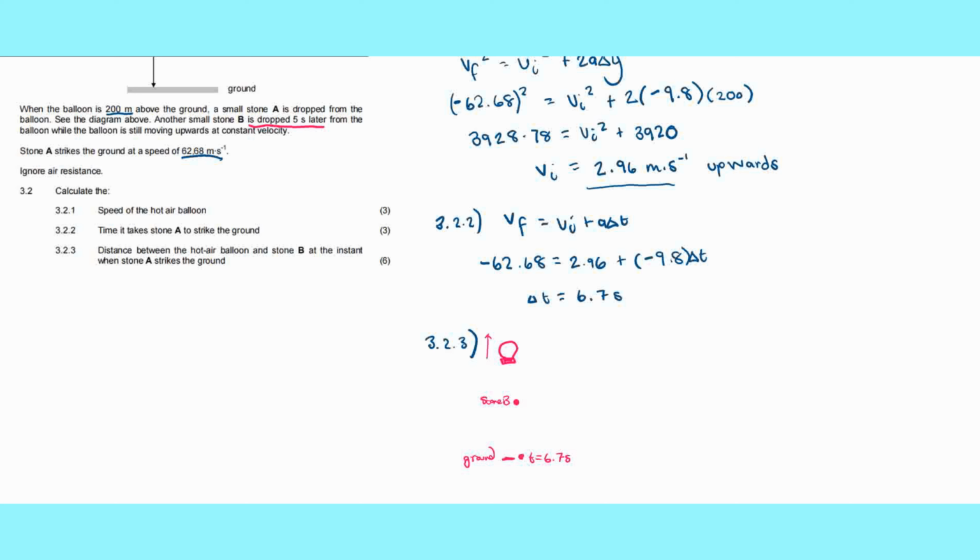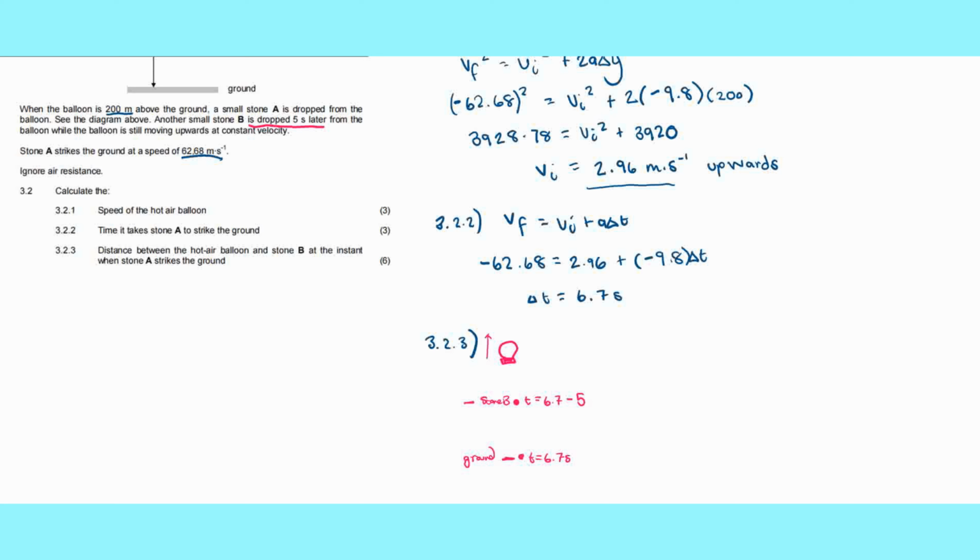But this time here, right, where stone B is, this distance above the ground, which we still have to calculate for the question, this time is going to be 6.7 seconds, being the time it takes stone A to reach the ground, minus the 5 seconds after which stone B is also dropped from the hot air balloon.